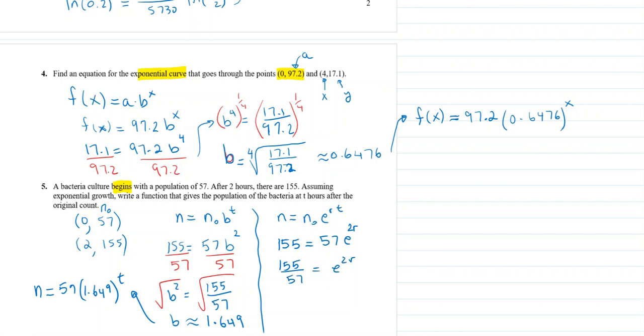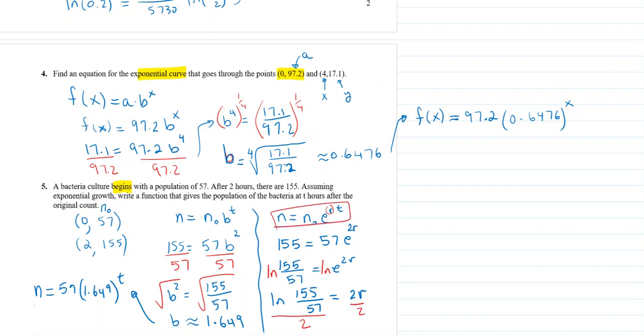Then you would now take the ln of both sides. And then you would divide by 2 to get r. And I'm not going to put this in the calculator. You get some value of r. You would plug it in here, and that would be your function.